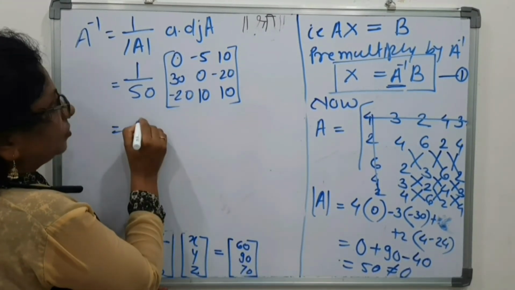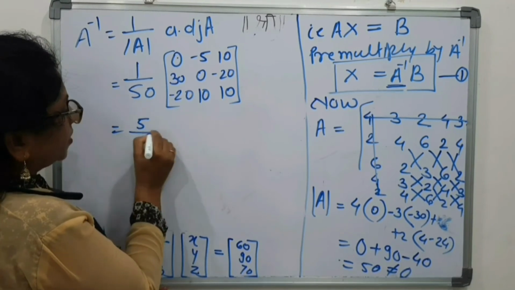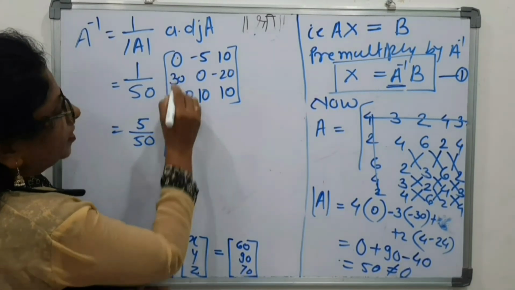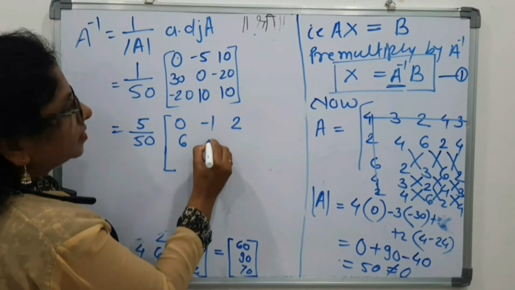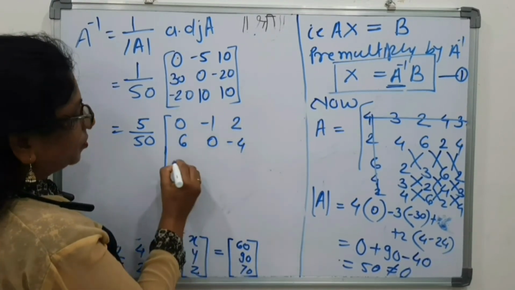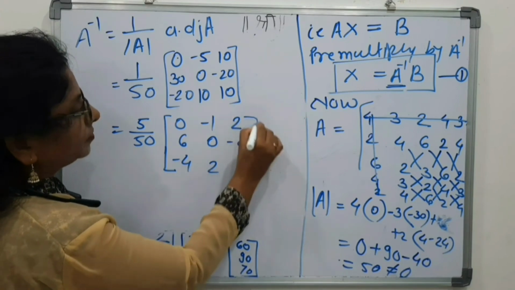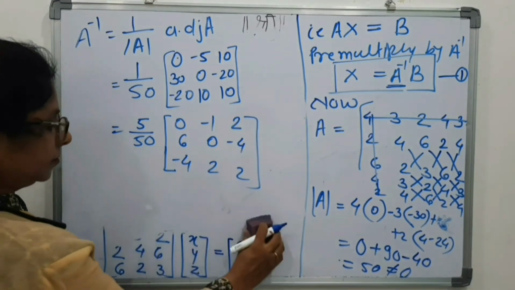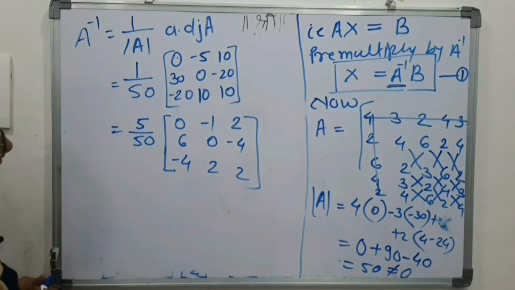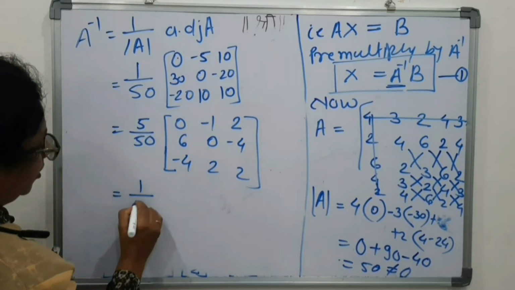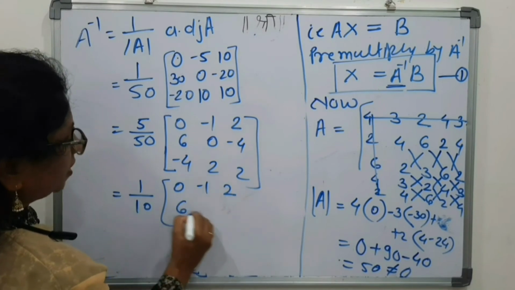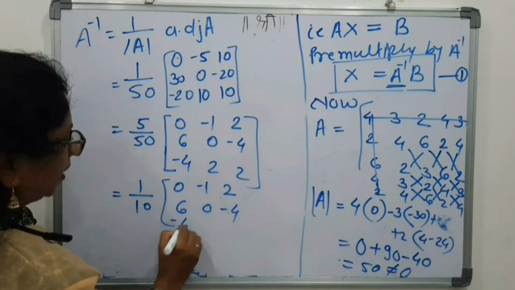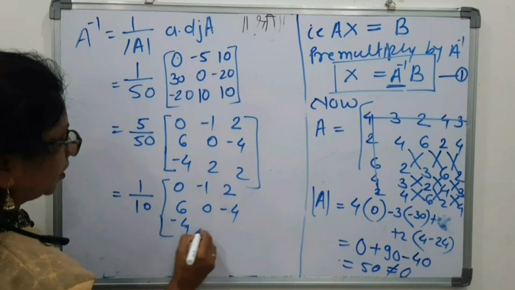So 5 by 50, 0, minus 1, 2, 6, 0, minus 4, 2, 2. It means simply 1 by 10 times the matrix 0, minus 1, 2, 6, 0, minus 4, 2, 2.